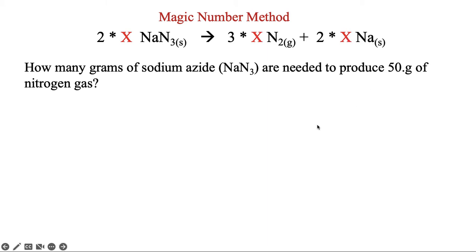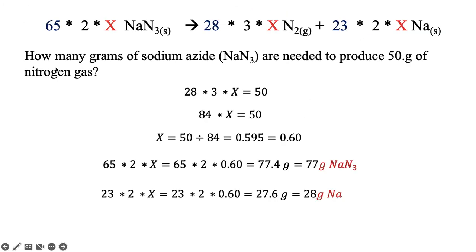The next thing we have to do is multiply each compound by its own molar mass. The molar mass of sodium azide is approximately 65, so it becomes 65 times 2 times X sodium azide. The molar mass of nitrogen is about 28, so 28 times 3 times X nitrogen, plus the molar mass of sodium is 23, so 23 times 2 times X sodium.